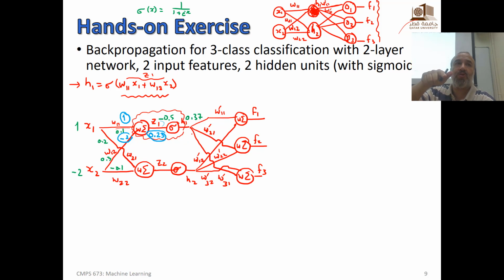So we need to convert these values into probabilities. So what we do is something like this. Let's say y1 hat is e to the power f1 over the sum of all the exponentials. Now we want to draw the computational graph for this.